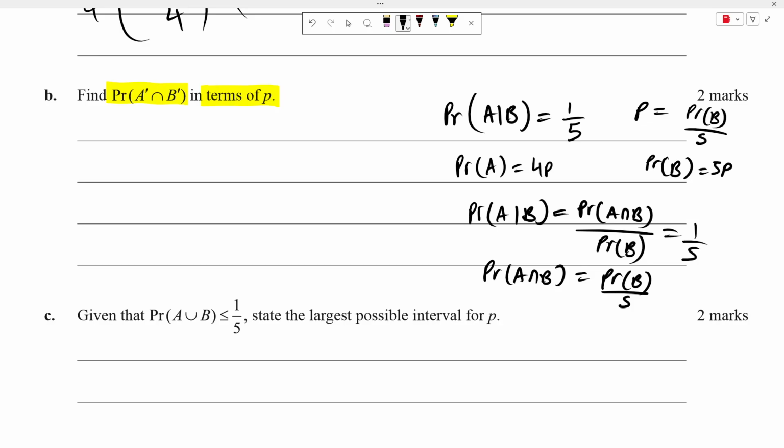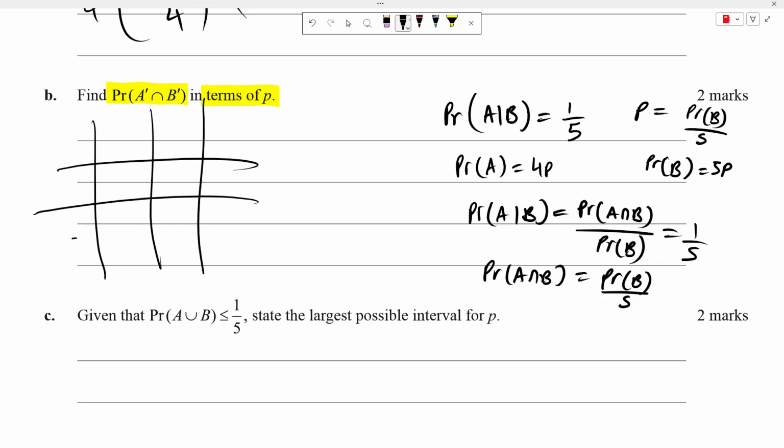The next thing we're going to do is draw a Karnaugh map. This is going to help us find the probability of A complement intersection B complement. So here we're going to write A complement, B complement. And I'm going to write 1 here, and I'm going to explain why shortly. So this box is going to represent the probability of A intersection B. This box is going to represent the probability of A intersection not B, or A intersection B complement.